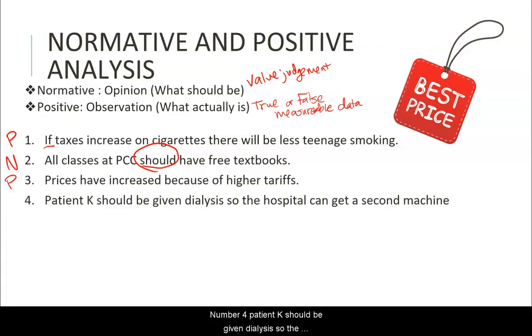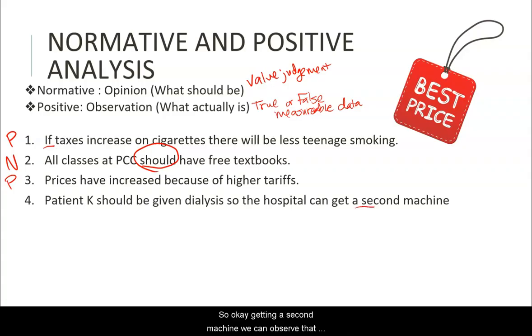Number 4, patient K should be given dialysis so the hospital can get a second machine. Now, if you haven't done the dialysis exercise, you might not entirely know what this is referring to at the moment. However, you can take this statement. You don't need to know necessarily what it's talking about. You can look for clues in the sentence to figure out if it's a value judgment or something observable.